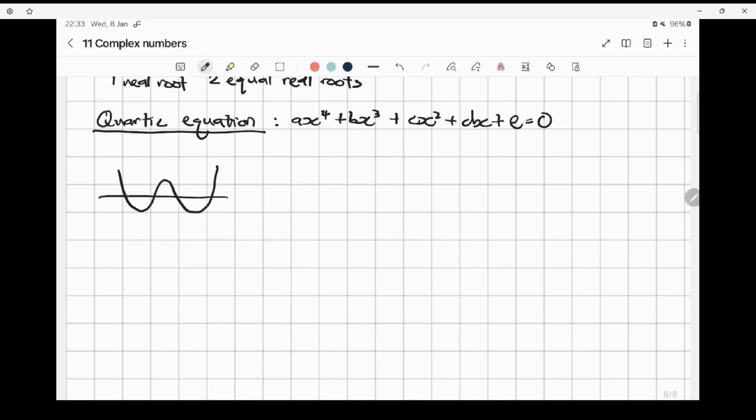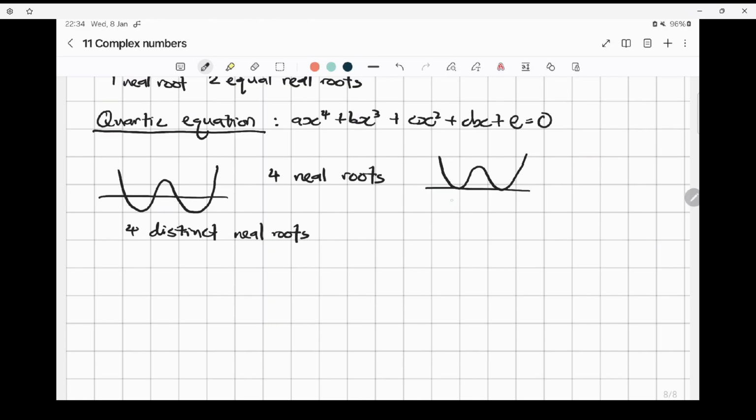So if you have something like this, then it means that you have 4 real roots. Of course, you can also have something like this. So the left case will be 4 distinct real roots.